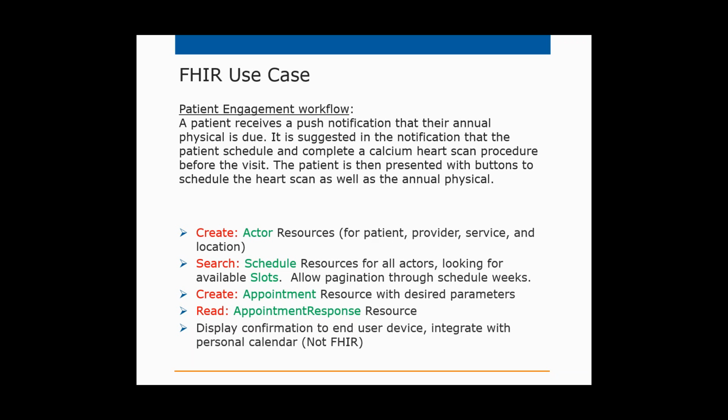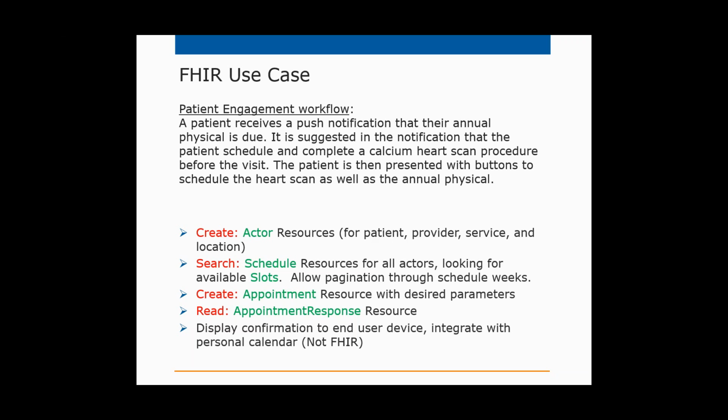So what would be going on behind the scenes if we tried to break this down and make it a complete FHIR-based solution? I've got some bullets at the bottom. All of the items in red, think of those as the web API endpoints. We need to do a create, a search, another create, and a read. Everything in green are the actual resources that we would be invoking, the FHIR resources.